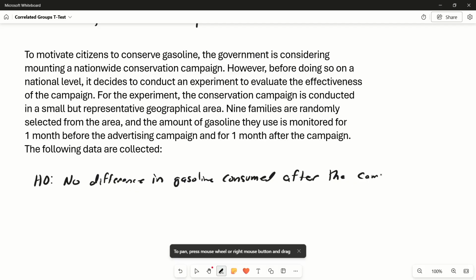So basically the before and the after is going to be 0. Before minus after is 0. There's no difference before the campaign and after the campaign, which means the campaign didn't do anything.